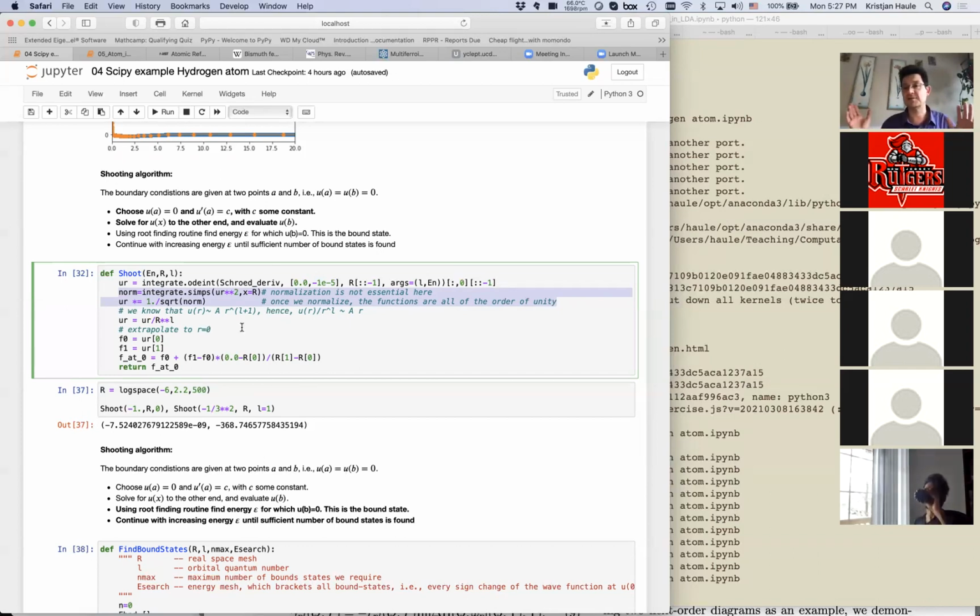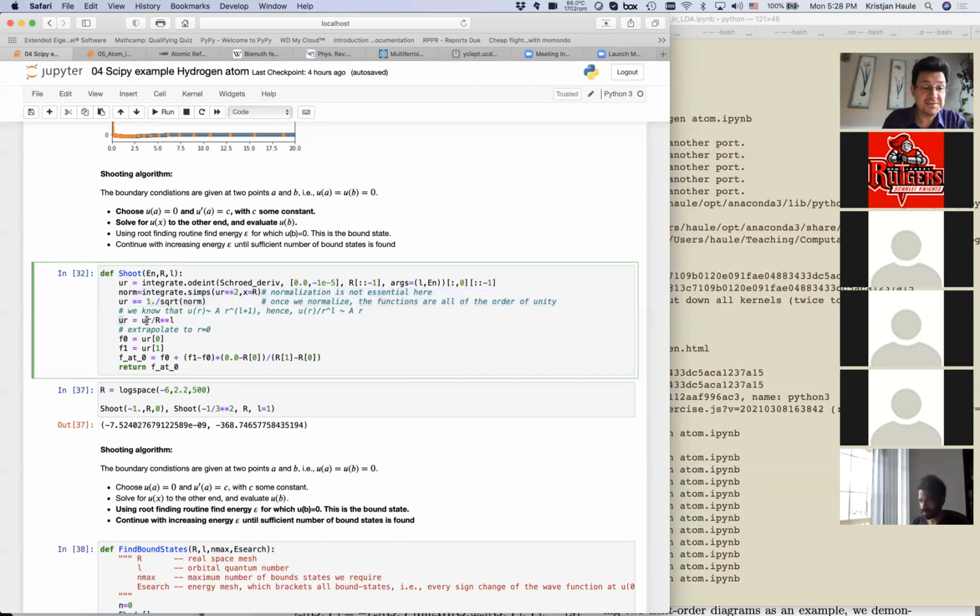They can be of the order of 10 to the power of 100. And then these root finding routines get confused and they have too many numerical problems. So it is slightly more stable if you make sure that you normalize the function so that the function itself is of the order of unity, okay? All the routines work better with numbers which are not too large or too small.